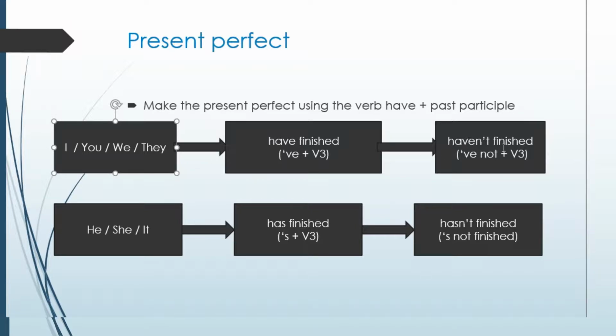Negative: haven't with the past participle, for example, haven't finished. Again, the subject he, she, it joins with has and then the past participle, finished, and negative, hasn't finished.